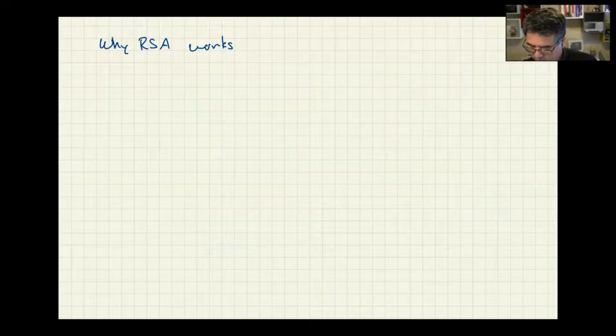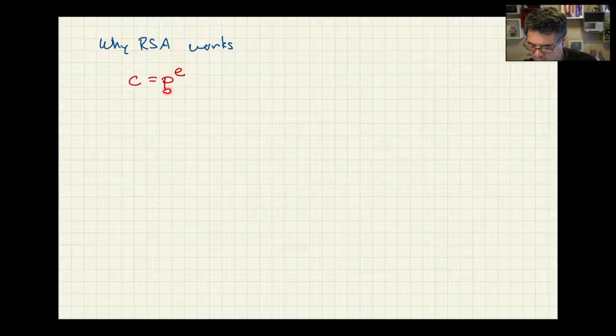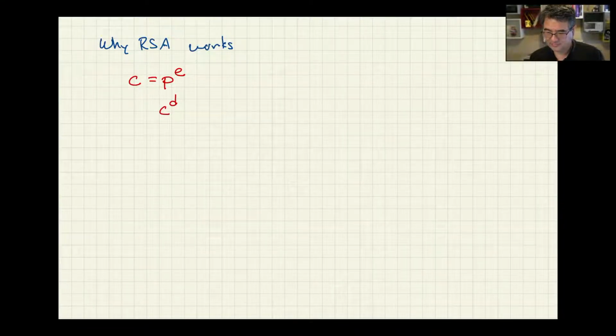So remember that the ciphertext is equal to the plain text raised to some exponent. And I know there's a modulus involved here, but don't worry about that for a moment. Just know that we can take the plain text, raise it to an exponent, and get the ciphertext. And then if we take the ciphertext and raise that to the d power, we get the plain text back again.